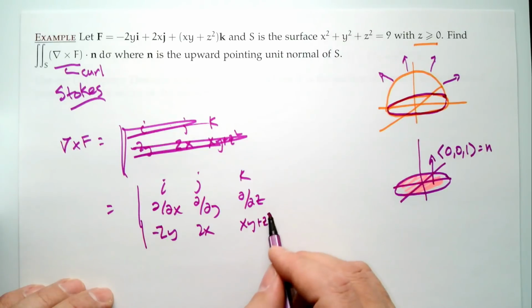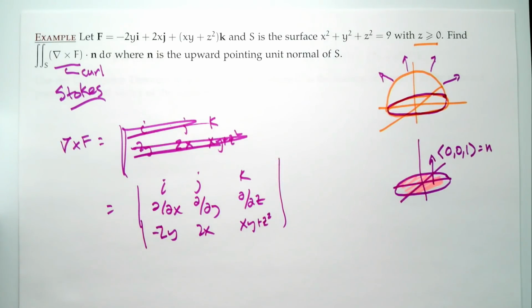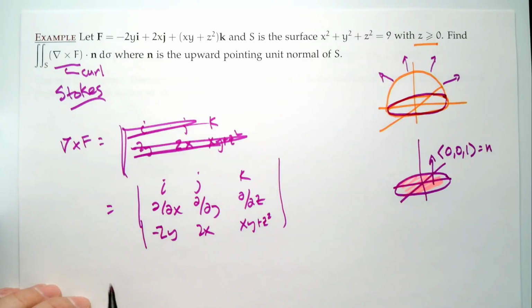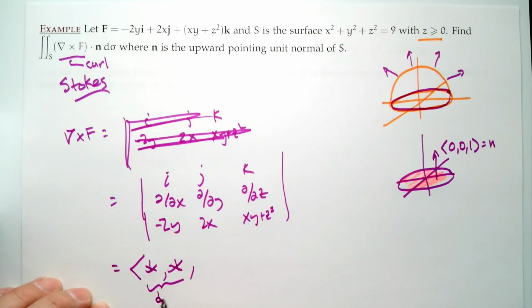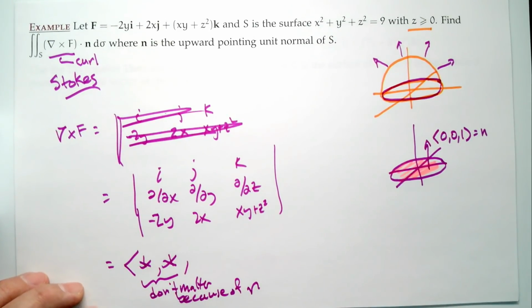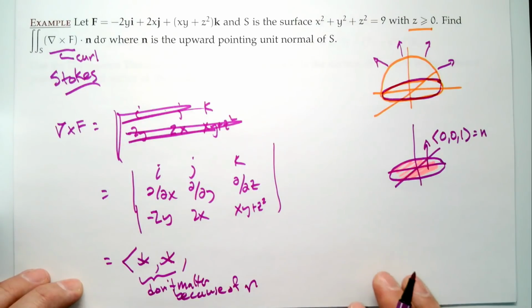Well, which part do we care about? k. We care about k. Why? Because the other parts are going to go away. So I can say something, something, and I'm just going to make a note. These don't matter because of the normal. Just so that the grader knows I wasn't being lazy, I was being smart. Sometimes it's hard to tell the difference between the two.